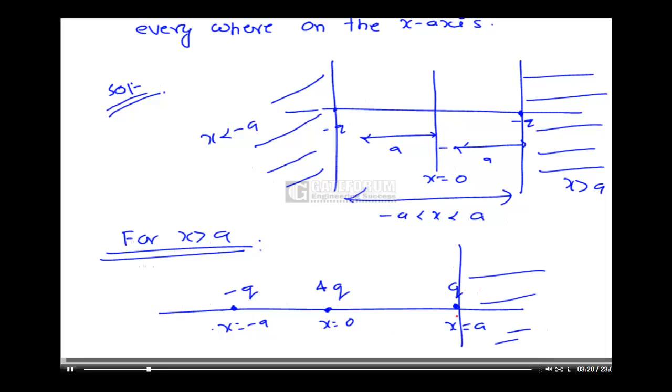The electric field intensity is nothing but this: first of all, place a unit charge in the x greater than A region, and calculate the force on this unit charge because of the remaining three charges.